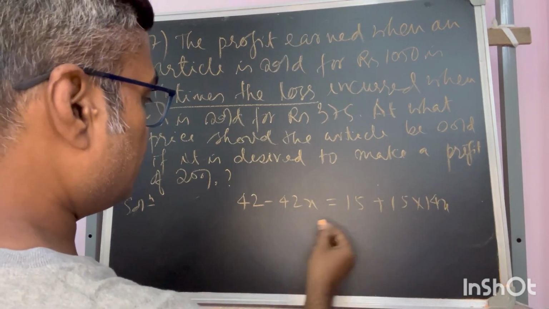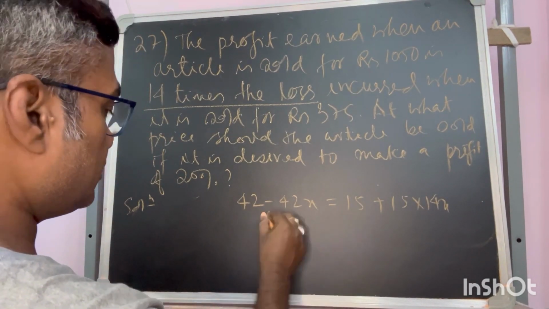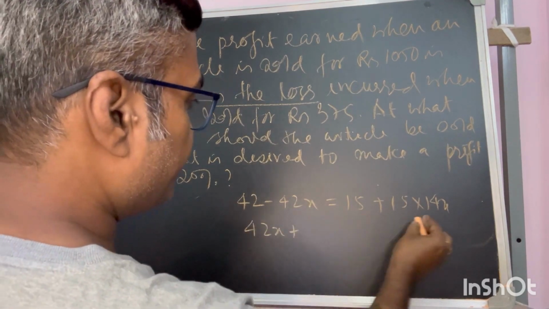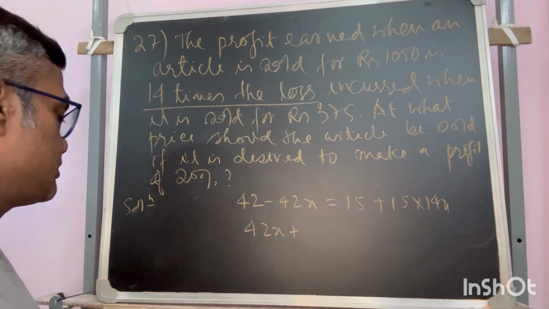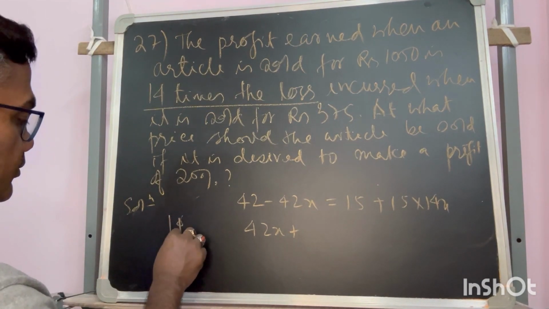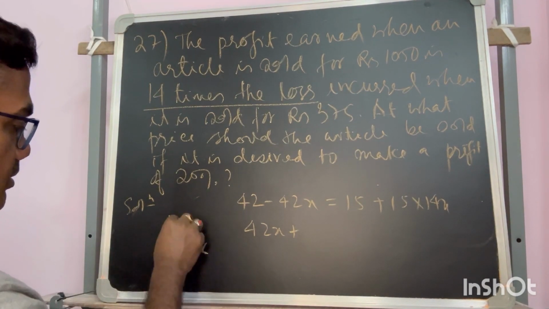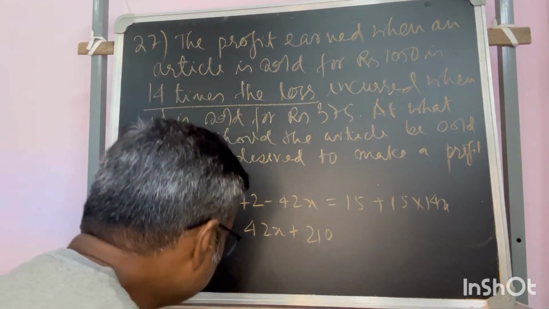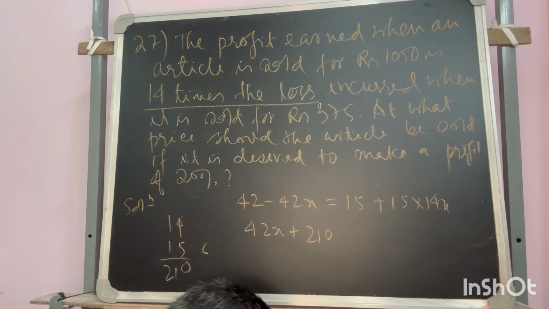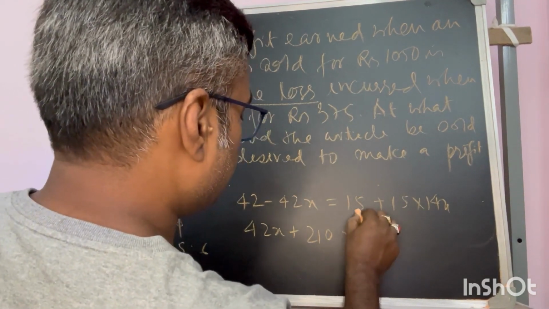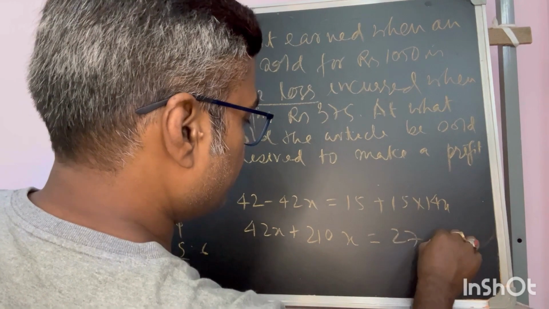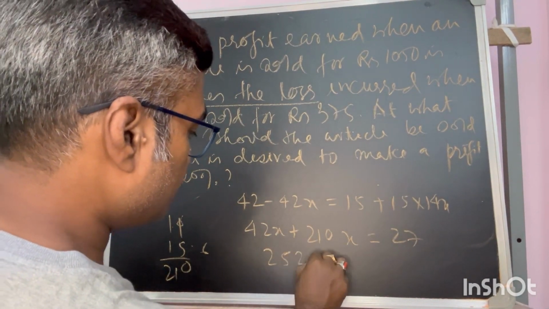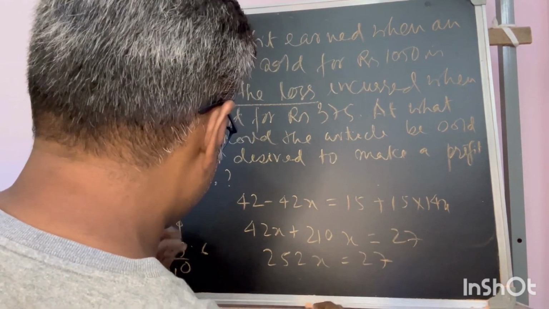Take the x to one side: 42x plus 15 into 14, that is 210x, and keeping this on the other side, 42 minus 15 is 27. So altogether 252x is equal to 27.